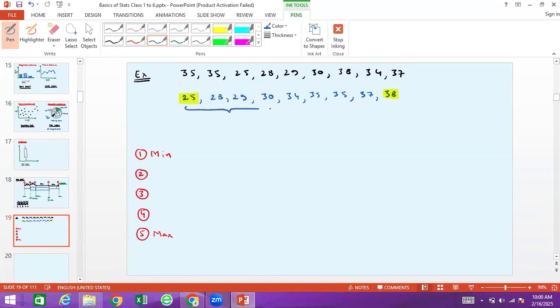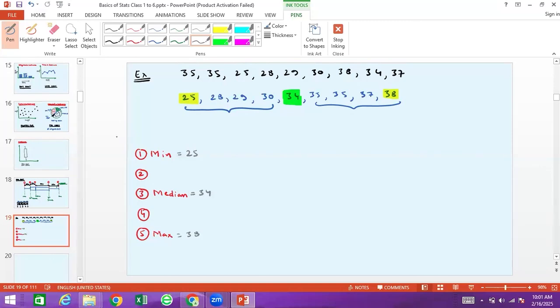There are 4 values on this side and 4 values on this side, so this is the middle value. 34 will become our median. So minimum is 25, maximum is 38, median is 34.